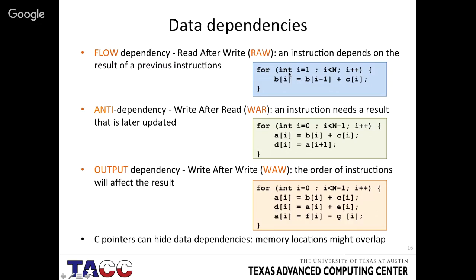If I have B1 here, in the next iteration, on this side I read from B1 and write into B2. And so that's going to read after I've written to it. You can swap this around, but that's called a read after write dependency, or a flow dependency.